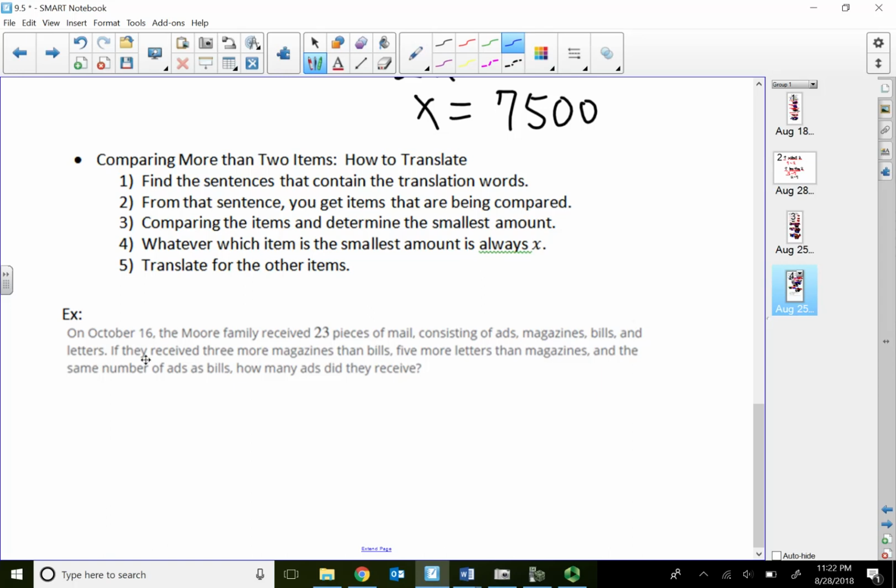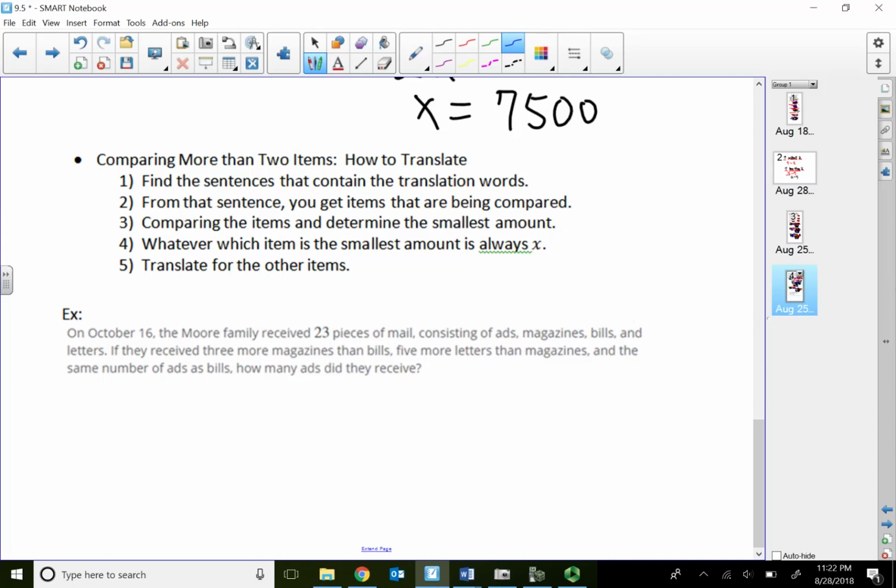So right now, this problem says on October 16, the Moore family received 23 pieces of mail consisting of ads, magazines, bills, and letters. So that's four items right there. Hold out four fingers so you can see there are three gaps. You'll be looking for three sentences or three phrases. The problem tells me right away that the 23 pieces of mail consist of ads, magazines, bills, and letters.